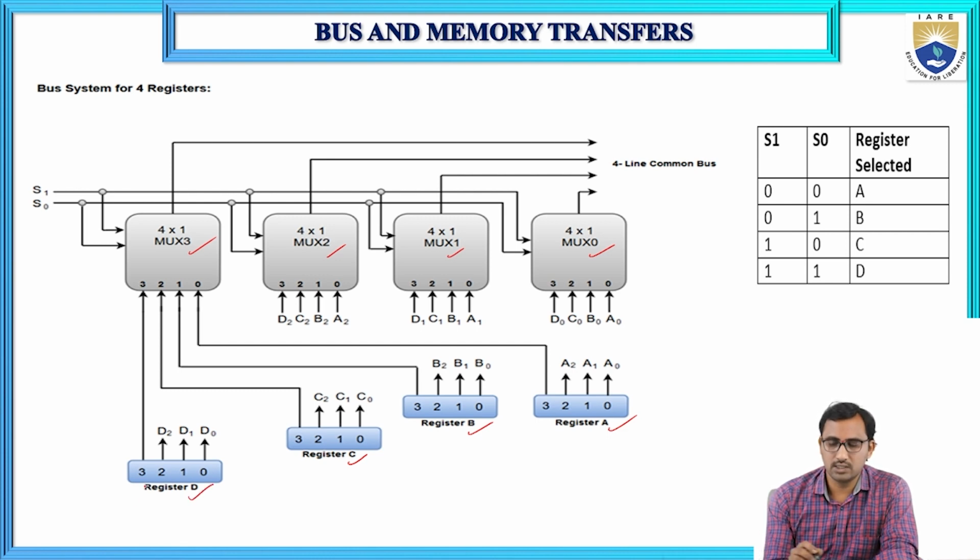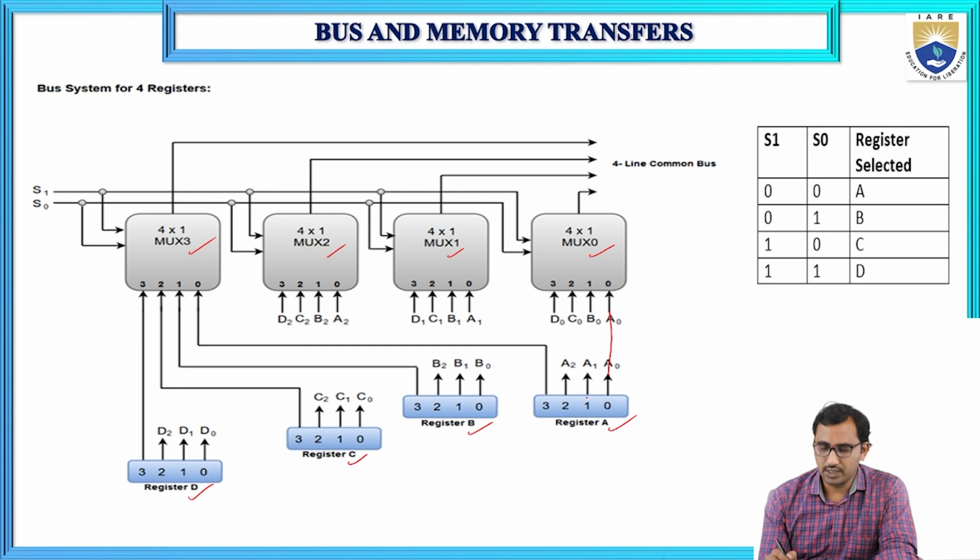Using this 4-line common bus, we can transfer the data from one register to another register or another device. For register A, we have made the connections in such a way that A0, the lower bit of register A, is connected to the 0 input of multiplexer 0.